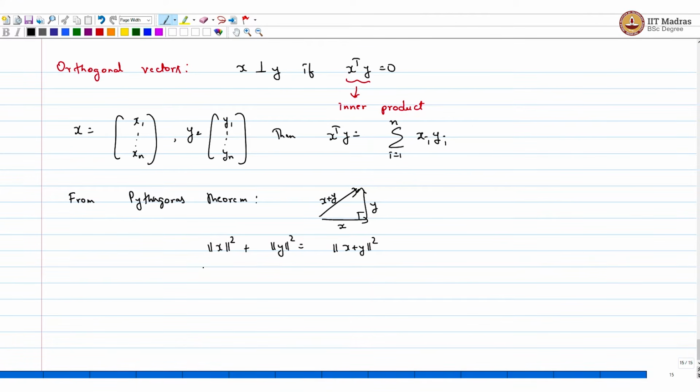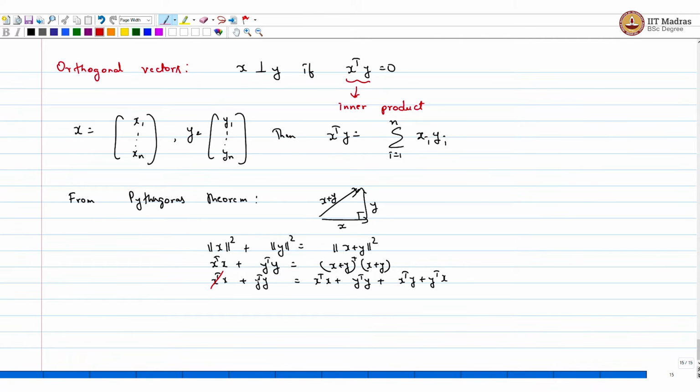Now if you expand this using our definition, x transpose x plus y transpose y equals (x plus y) transpose (x plus y), which is the same as x transpose x plus y transpose y plus x transpose y plus y transpose x.